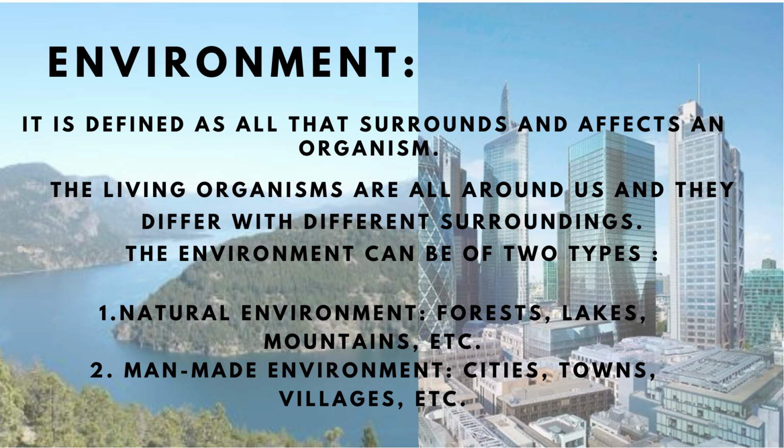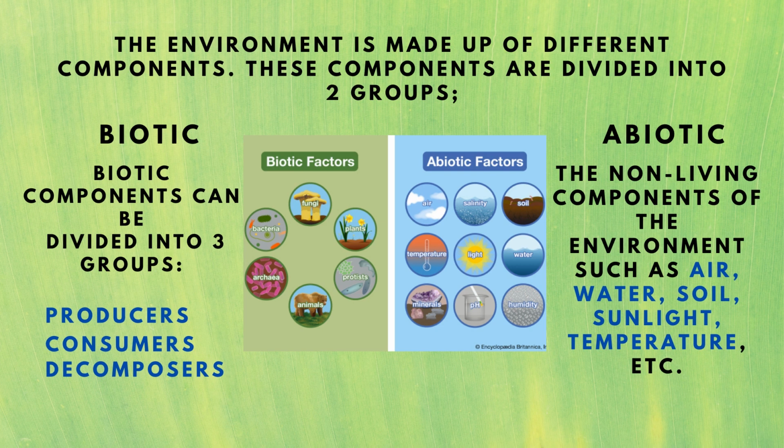Though there are two different types of environments, the environment in itself is composed of various components. These components are categorically divided into two types, biotic and abiotic. Biotic comprises all the living organisms, whereas the abiotic comprises all the non-living components of the environment.